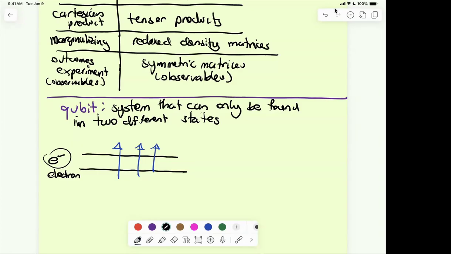Okay, so you could have an electron, and you apply a magnetic field. I'm not going to get into the description of everything that's happening there, I'm just going to tell you what you're observing.